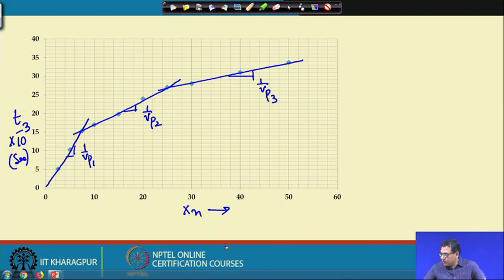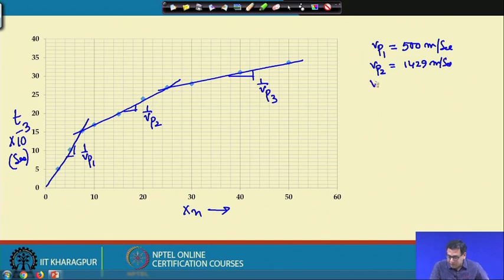Now, we have done the calculation, and from the slopes we are getting V p 1 equal to 500 meter per second, V p 2 equal to 1429 meter per second, and V p 3 equal to 3663 meter per second.